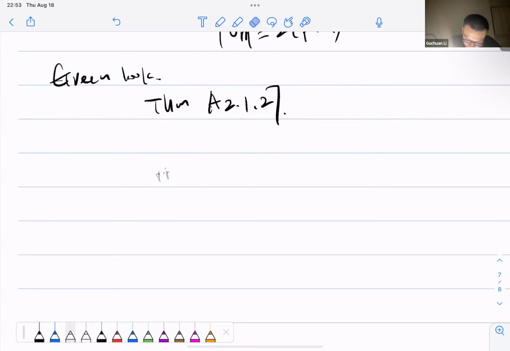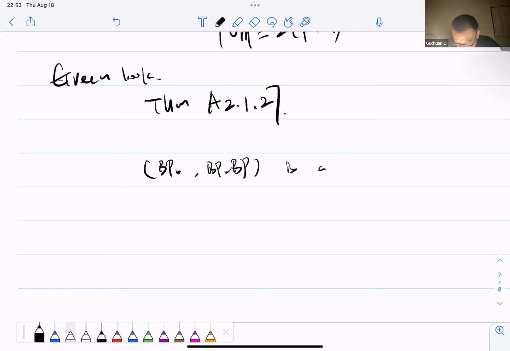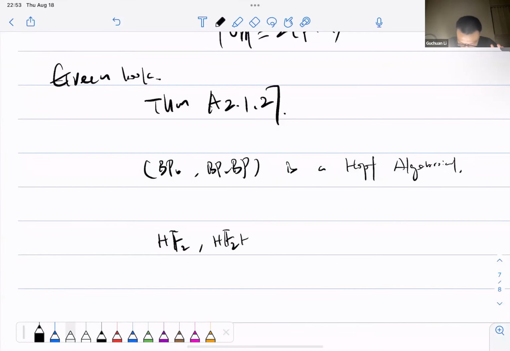So basically the point is BP_*BP is a Hopf algebroid. We have already seen the simple case, where I'm not doing the fancy P-typical formal group law, I'm just doing the additive formal group law.